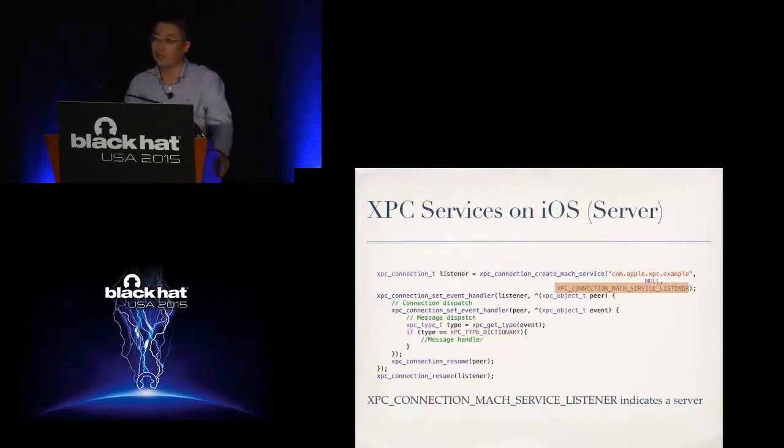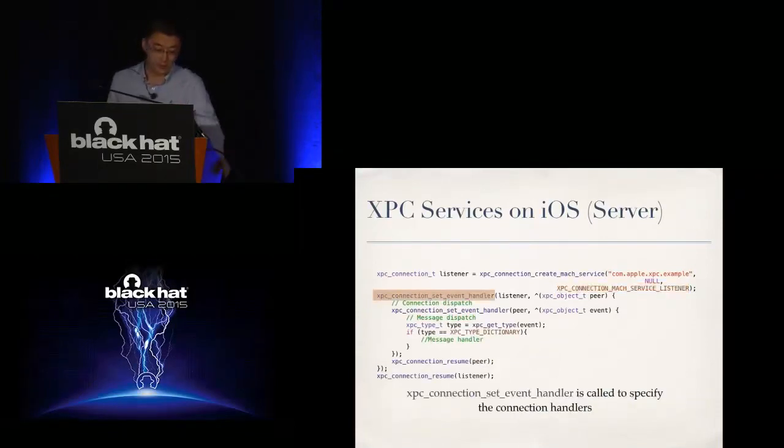And for a server, it's very common to handle multiple connections at the same time. So you may want to have a connection handler. That means you want to dispatch a connection or specify the connection context or whatever. So you can use this API, xpc_connection_set_event_handler. For the first time, you can set up the connection dispatcher here.